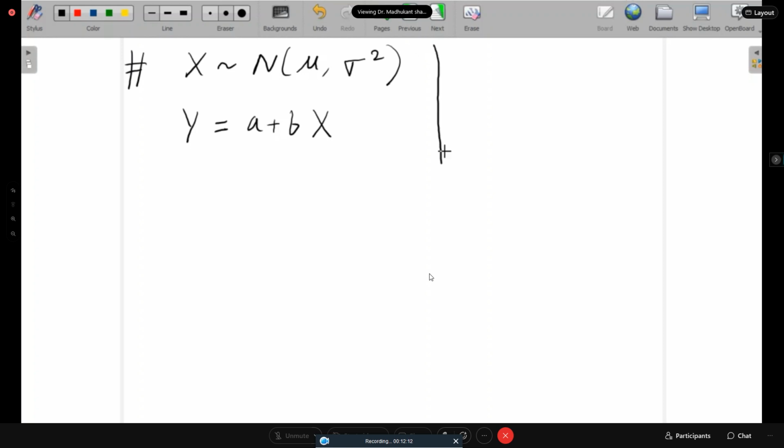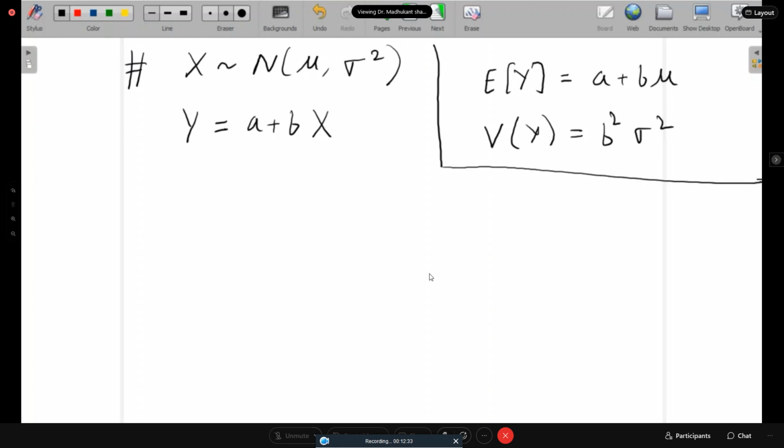I think it will be very easy to follow that expectation of Y is going to be a plus b mu, by the linear property of the expectation. And variance of Y is equal to b square times variance of X, that's going to be b square sigma square. Okay, that's very easy to follow.